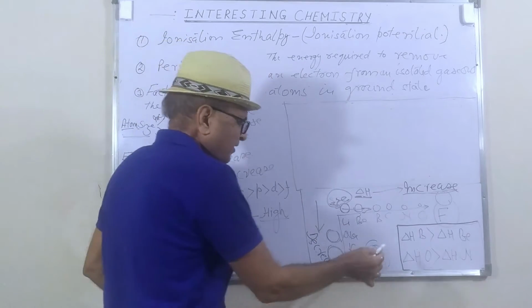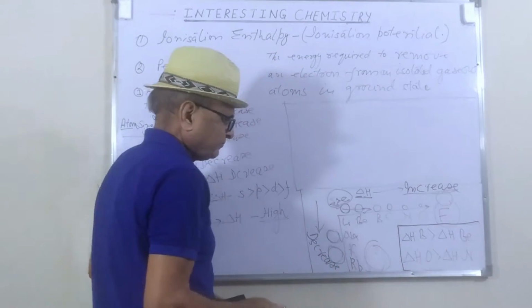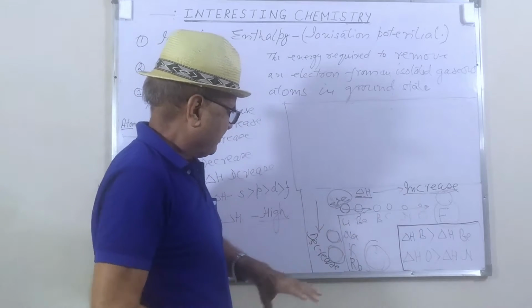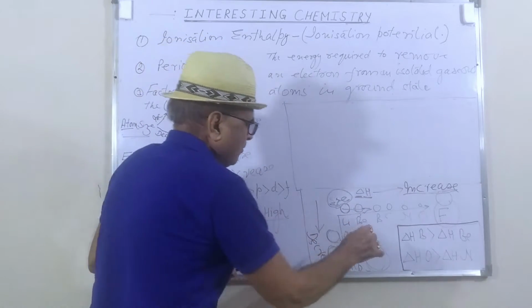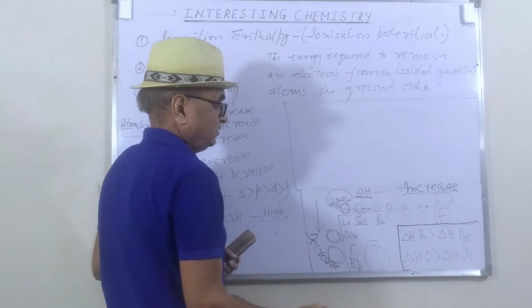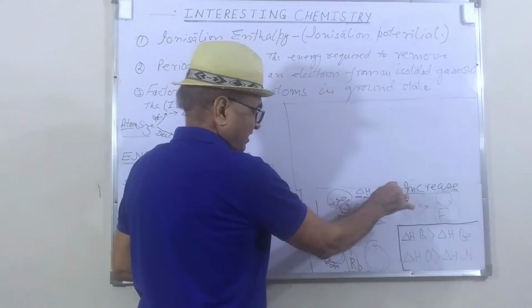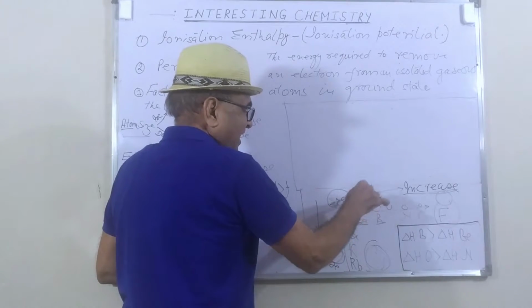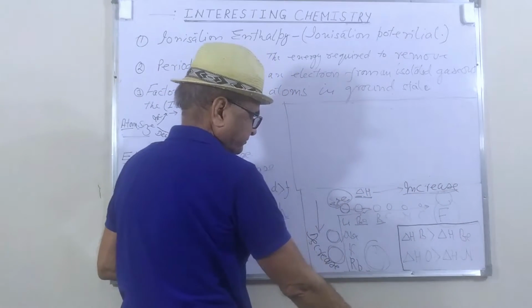Now I am going to explain from here. I have given you two examples. This is boron, this is beryllium. I have told you that the delta H is increasing.